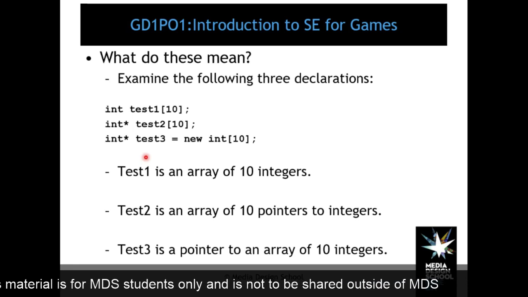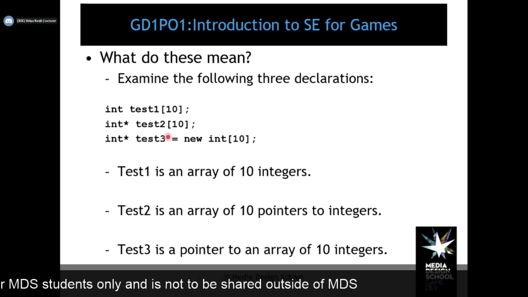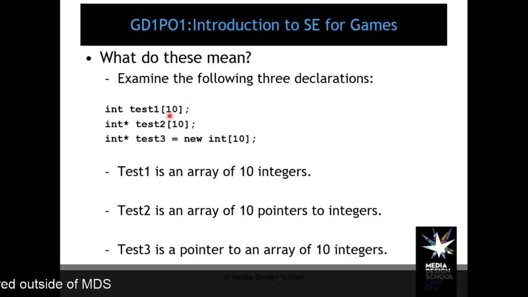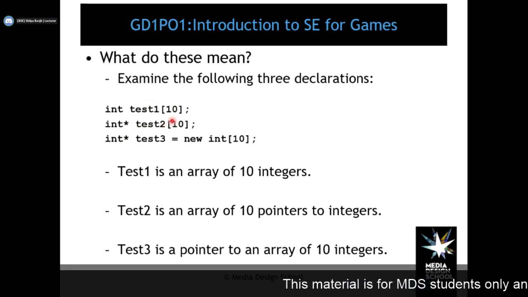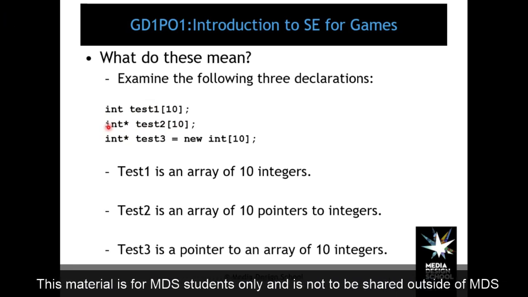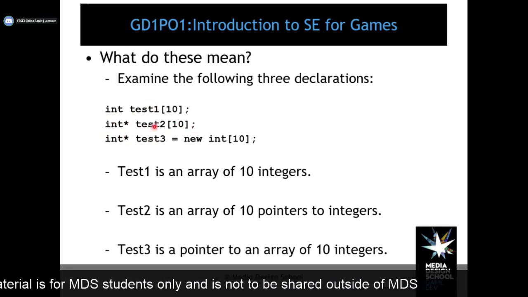Okay. So these are different examples. In the first case, test 1 is just a normal array of 10 integers. The second, test 2 over here, is an array of 10 integer pointers.